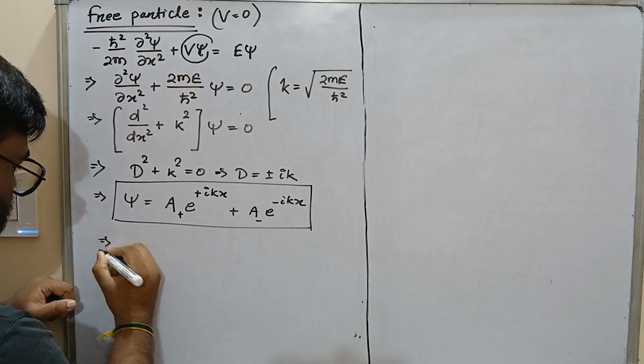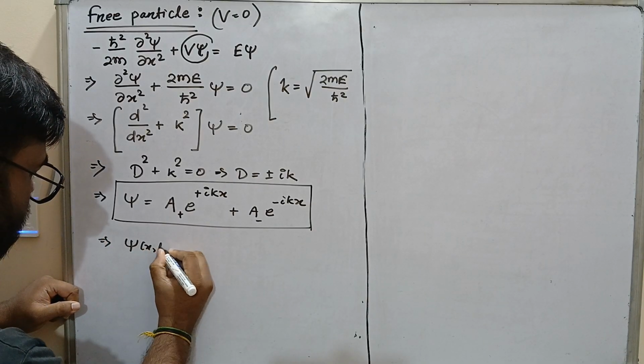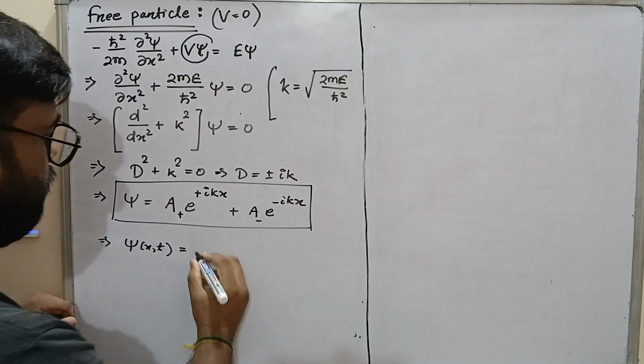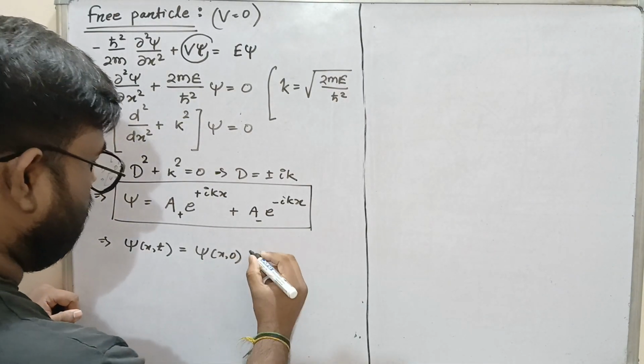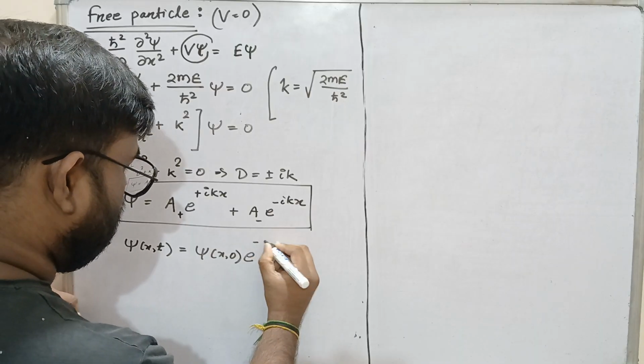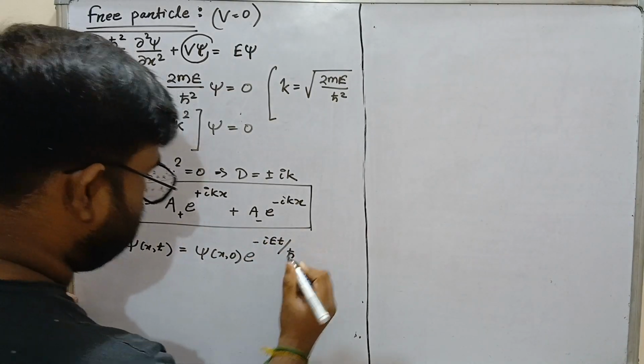In quantum mechanics, when we define psi of x, t, those who don't know this must remember, because it is a very important postulate: psi of x, t equals psi of x times e to the power minus iEt by h bar.